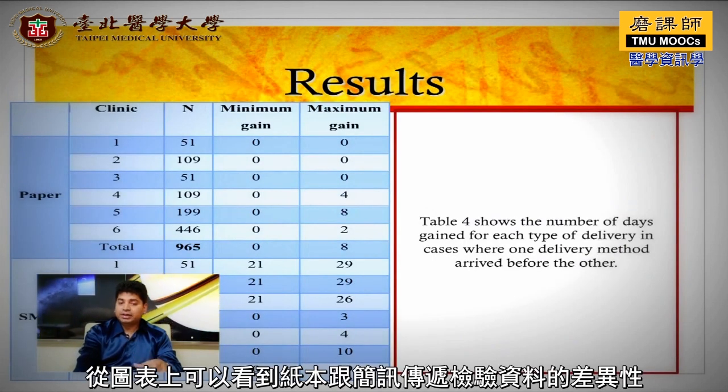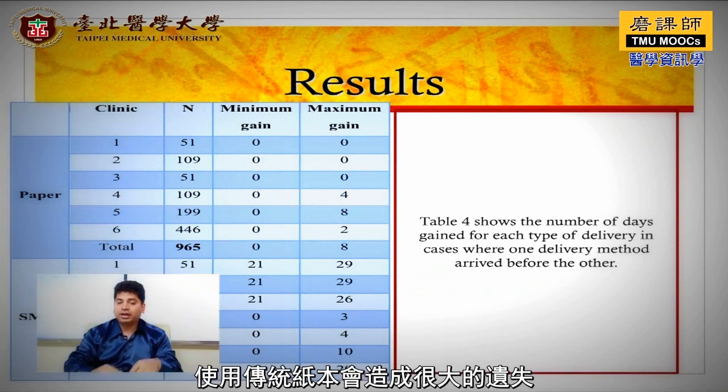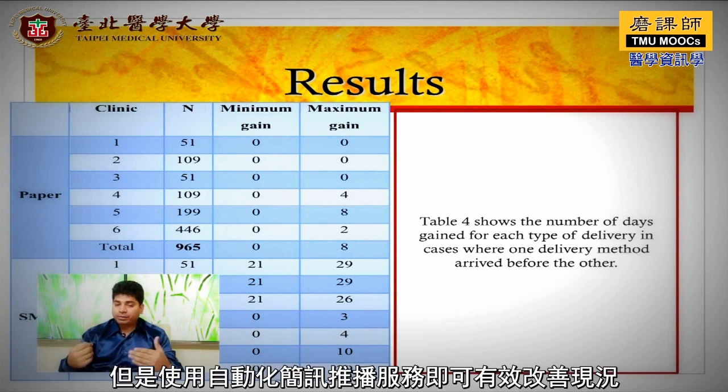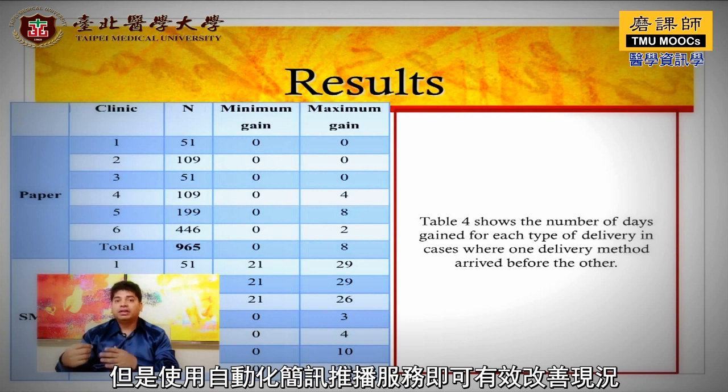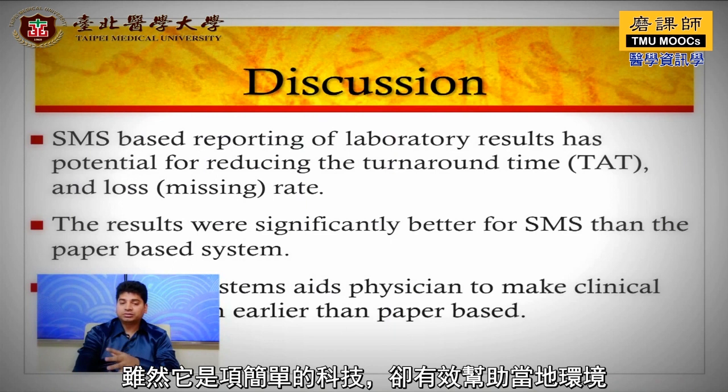And you see the maximum and minimum gain of days. If you see clinics 1, 2, 3, there is almost up to one month of gain from using SMS, meaning if they use paper, results were arriving one month later than SMS. So that is how our system is working.